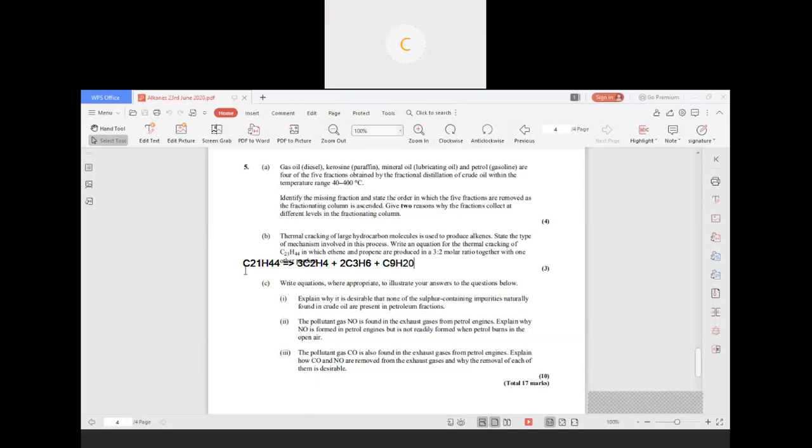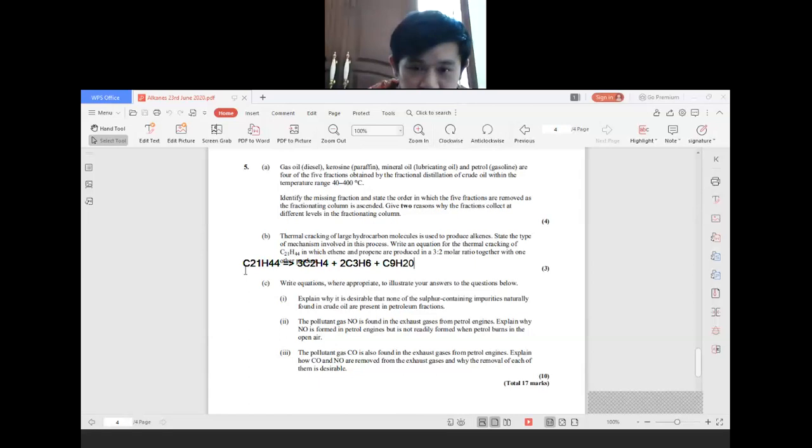The third one, the pollutant gas carbon monoxide, is also found in the exhaust gases from a petrol engine. Explain how the carbon monoxide and nitrogen monoxide are removed from the exhaust gas and why the removal of each of them is desirable.